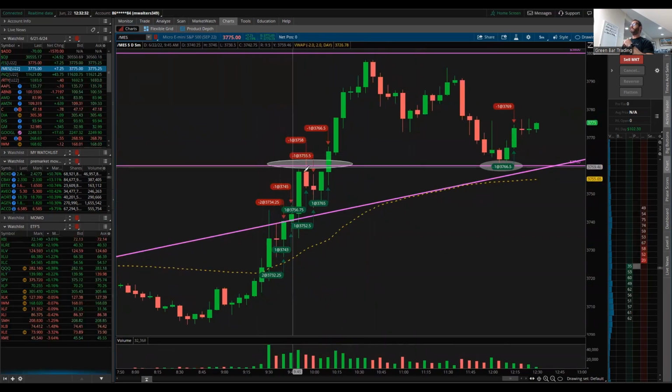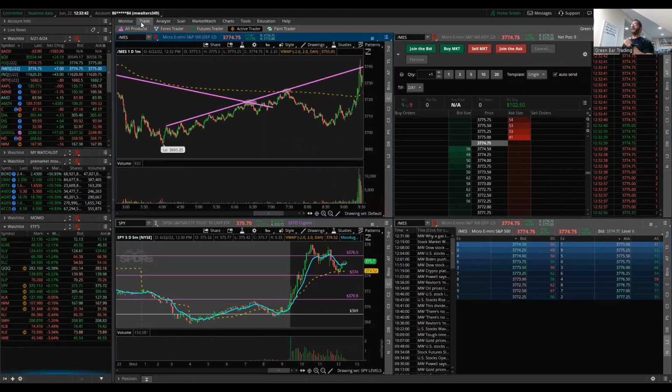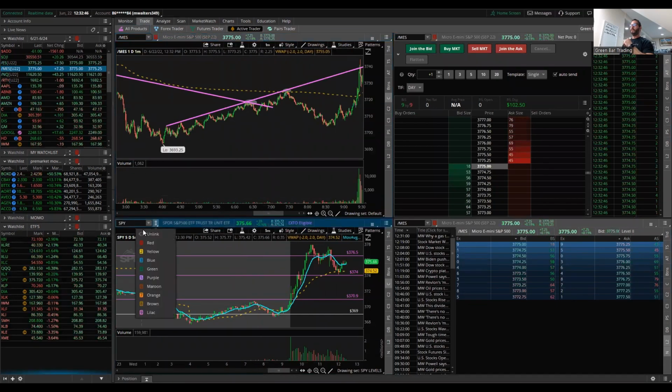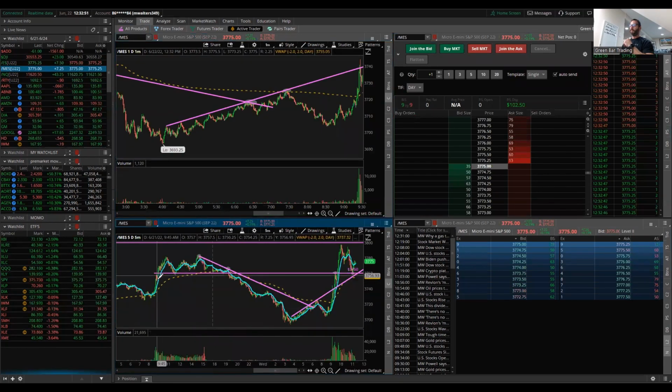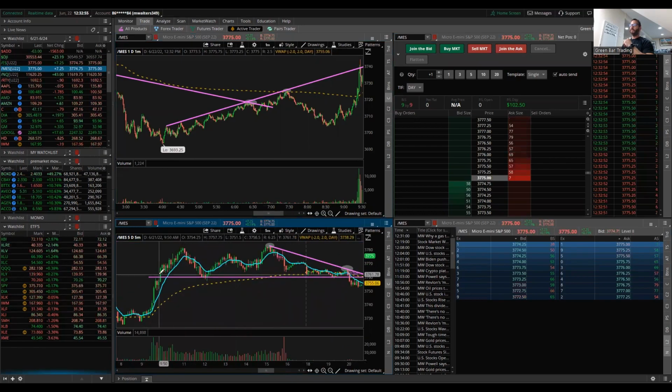We came up to this area of resistance. Now, why was 37.60 on this spot? If we go back here, I'll show you on the 5-minute why this was a spot here. 37.60, taking a look down here from yesterday, was resistance off the open.